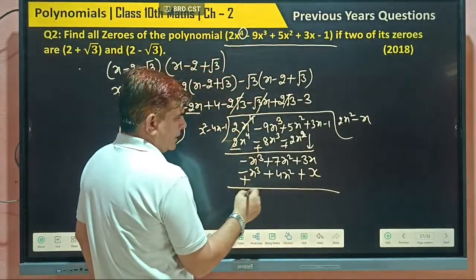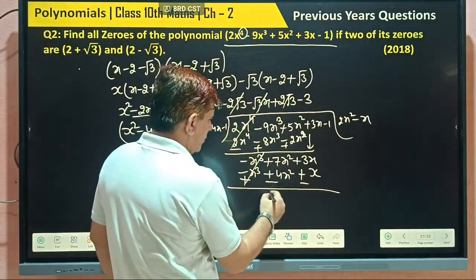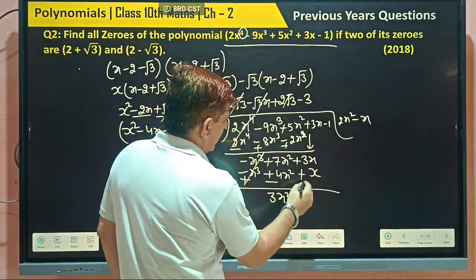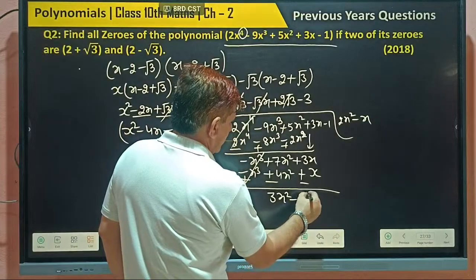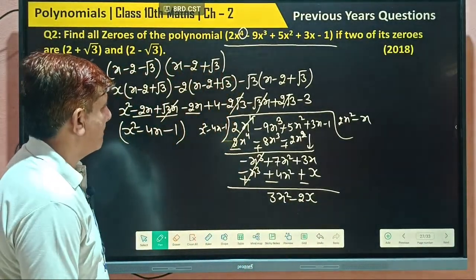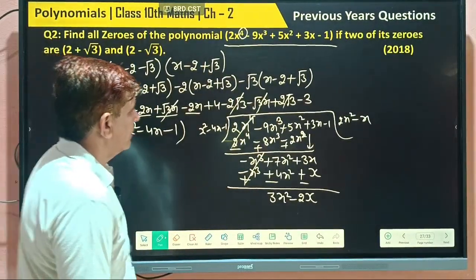So this becomes plus minus, so cancel out. How much? 3x square, 4 minus 1, 3 minus 2x. So what's coming?